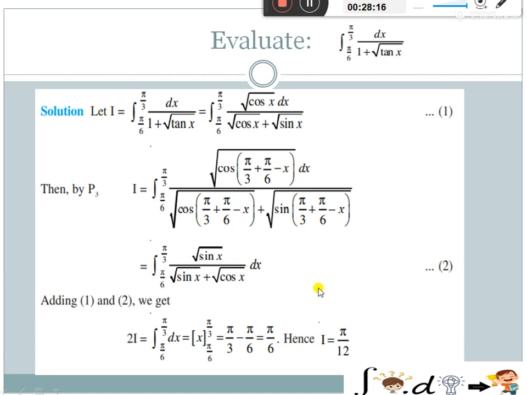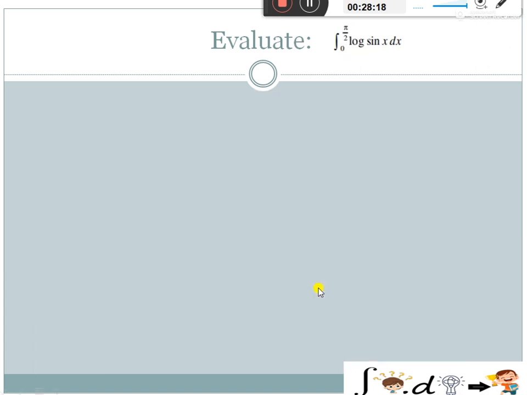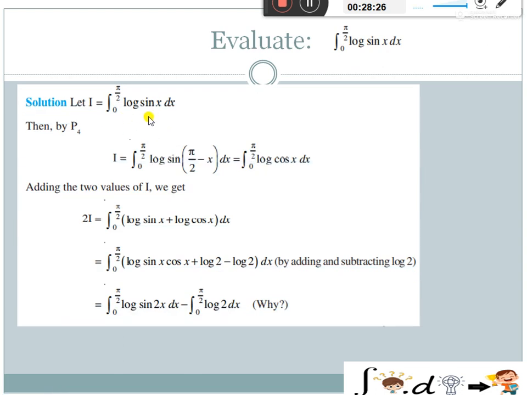Is it clear to everyone? And now we have the next important example, the integral from 0 to pi by 2 of log of sin x dx. By using P4 you can write here log of sin of pi by 2 minus x dx, and sin of pi by 2 minus x is equal to cos x.